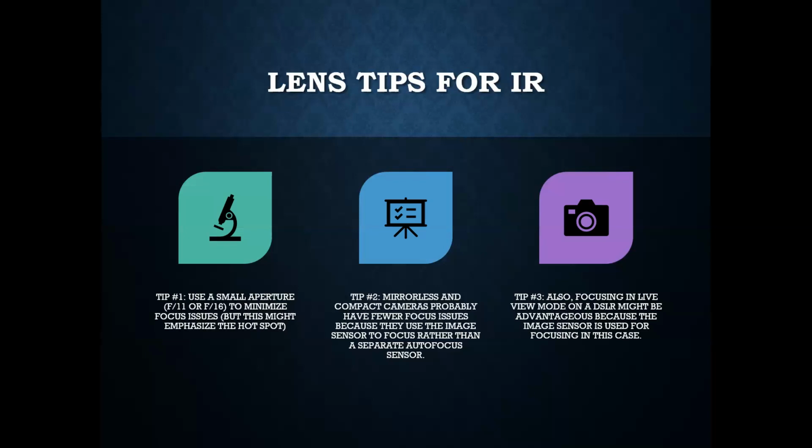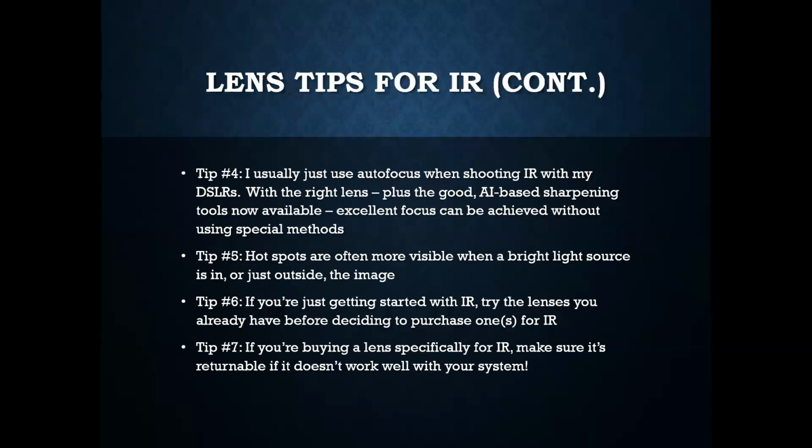Focusing in live view mode on a DSLR probably is advantageous because you're now using the image sensor as your focus sensor as well. I've tried that a little bit, and I can't say I've absolutely convinced myself that it's true. But with the lenses I use, I typically don't have a lot of focus issues anyway, so it's not a big deal for me. More tips.